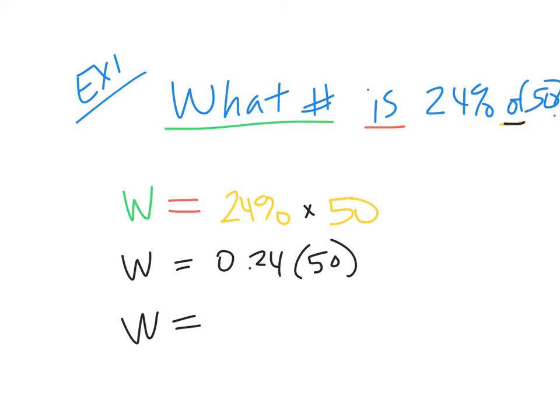So now what is 0.24 times 50? What do you got? 12. Very good. Any questions on how we did that?